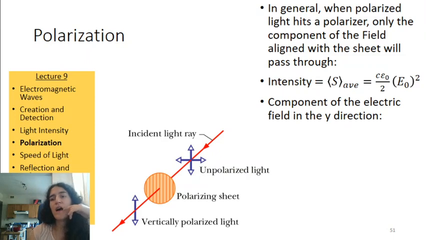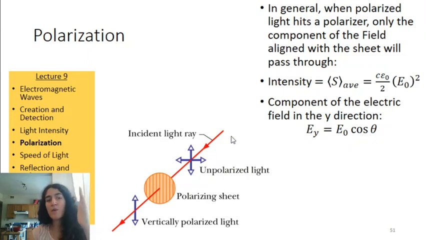So if we think of the electric field as being randomly oriented in all directions, right, we can write the component of the electric field in the y direction as the total electric field times the cosine of the angle theta, right?